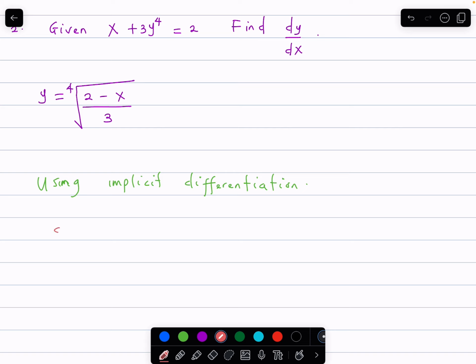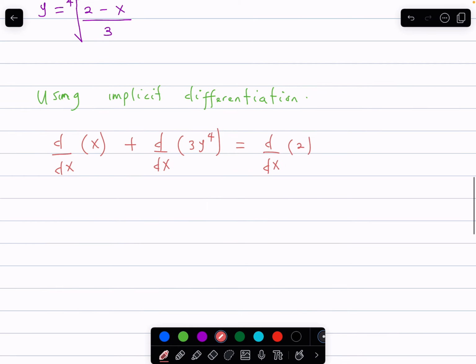d/dx of the first term, which is x, plus d/dx of the second term, which is 3y to the power of 4, equals d/dx of 2. d/dx of x, since both variables are the same, is just 1. Plus d/dx of 3y to the power of 4.